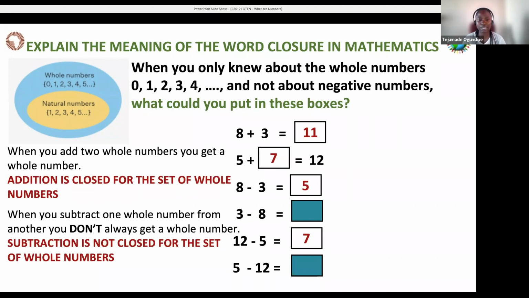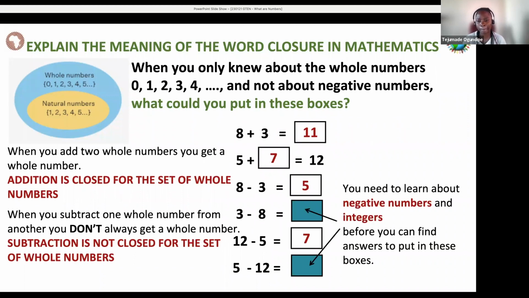But when you subtract one whole number from another, you don't always get a whole number. 8 minus 3 gives 5, but if you do the opposite, 3 minus 8, that doesn't give a whole number. So subtraction is not closed for the set of whole numbers.